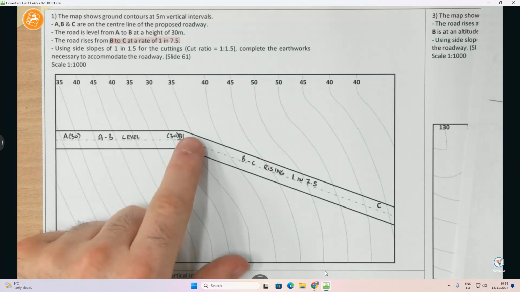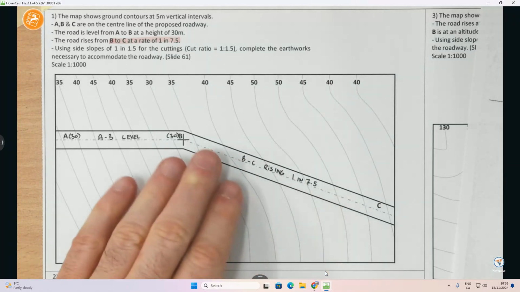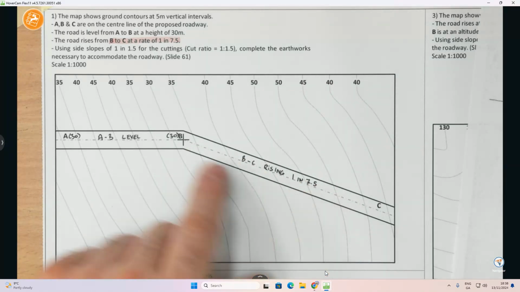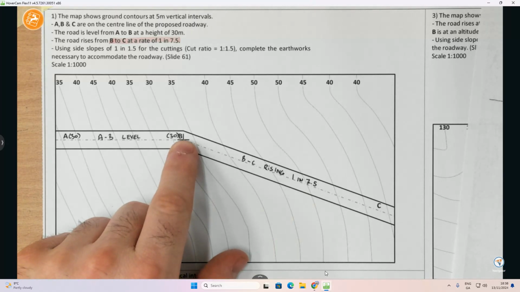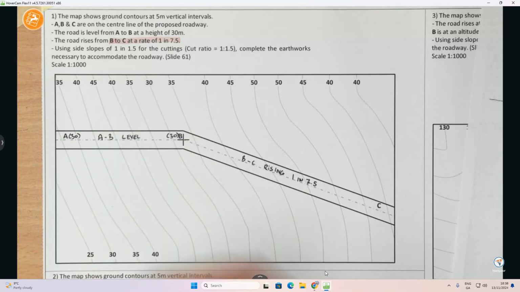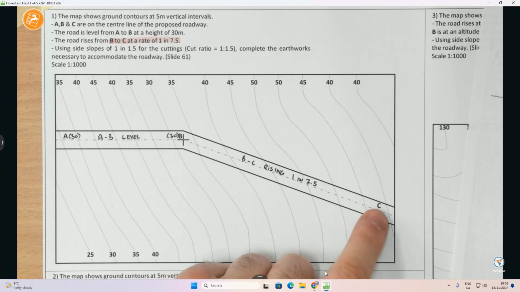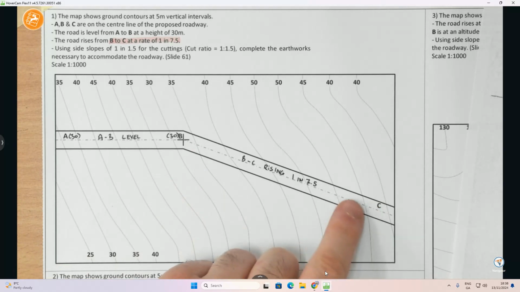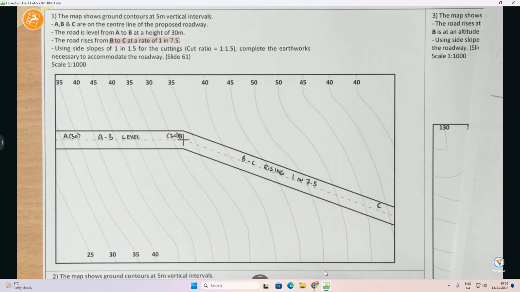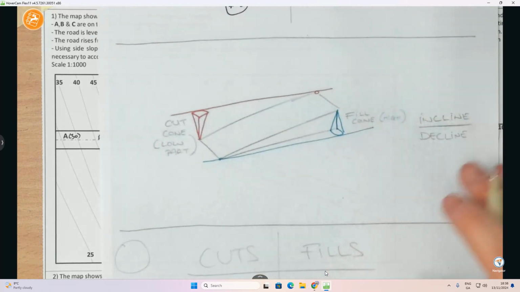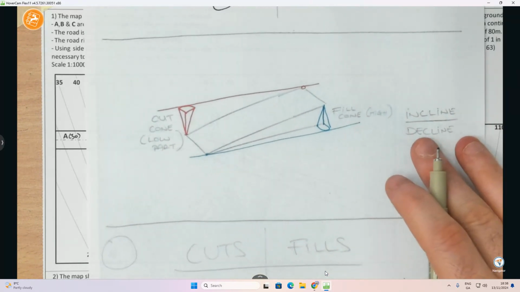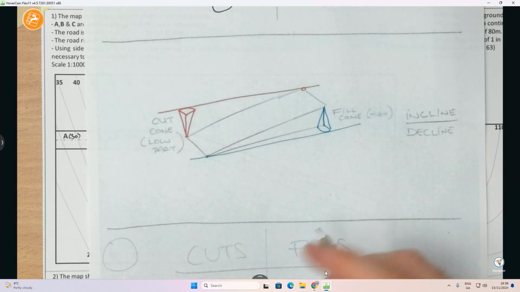Before I start working on this, I need to work out a point on the road where I can work with B and the high part of the road, because it's rising from B to C but we don't know the height of C. So I have to find somewhere along the road where I can get an exact height. This is the second part of the sheet, about inclining and declining roads.